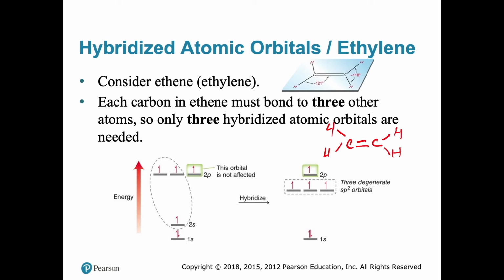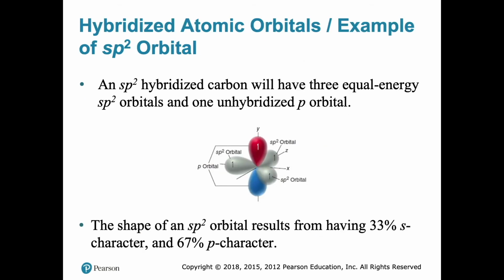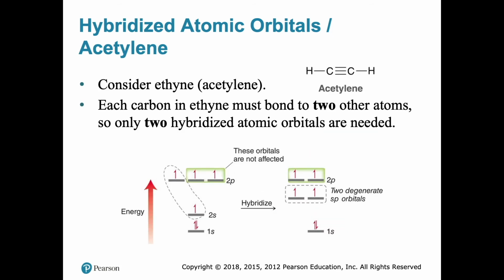So when you go to acetylene, notice that in ethylene there was an extra hydrogen right there. That's why it had three electron domains. That extra hydrogen had an electron domain, and then that one there. So that's three. But here we only have a single hydrogen.